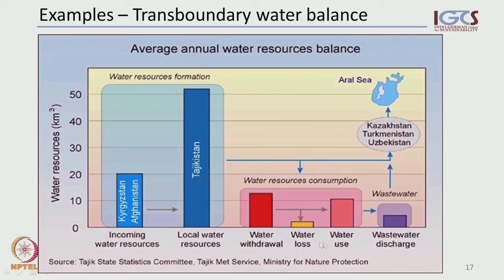For withdrawal, there's a water loss and water use, which have to be deducted from this amount. And we have a wastewater discharge out of this, which again joins the transboundary flow towards the Aral Sea. So that is a very efficient way also of analyzing regional water budgets, and also efficient ways to communicate and prepare negotiations between those countries sharing water resources.